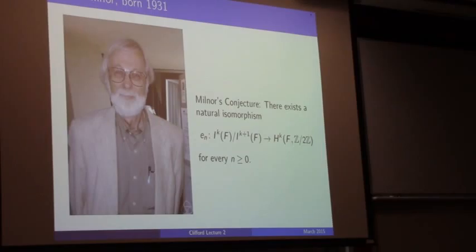Now I can take cup products, and elements of this form are called decomposable. Under the Milnor isomorphism, they correspond to Pfister forms.